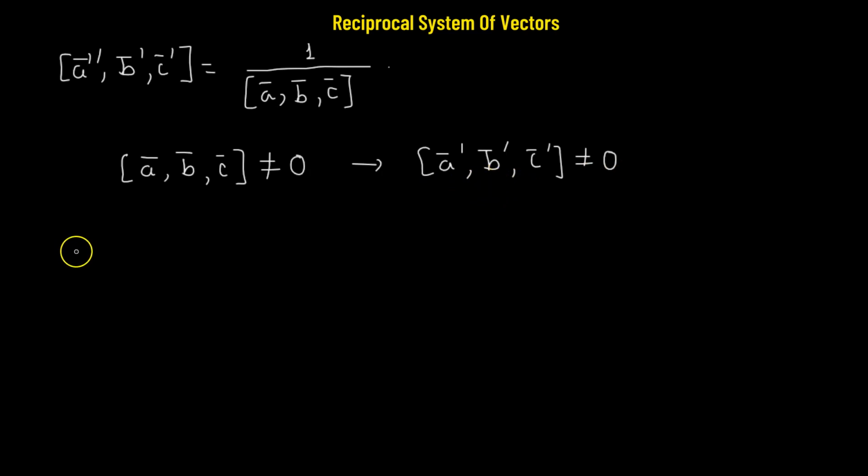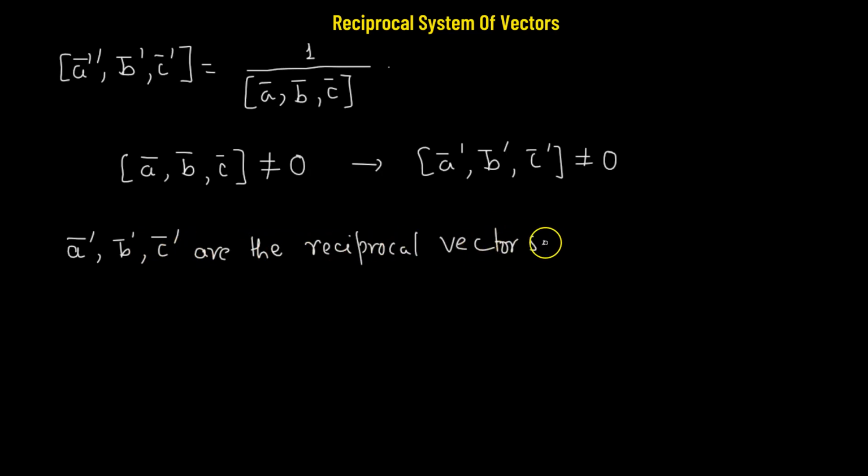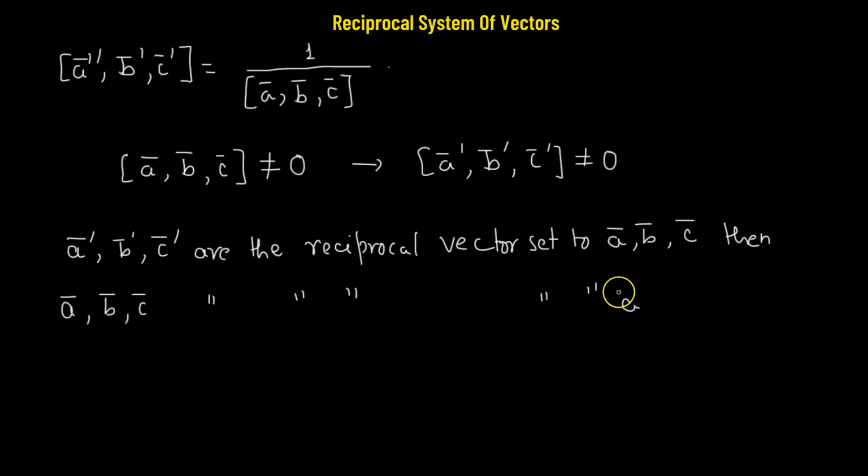It is also evident that if A prime, B prime, C prime are the reciprocal vector set to our vectors A, B and C, then A, B, C will be the reciprocal vector set to A prime, B prime and C prime as well.